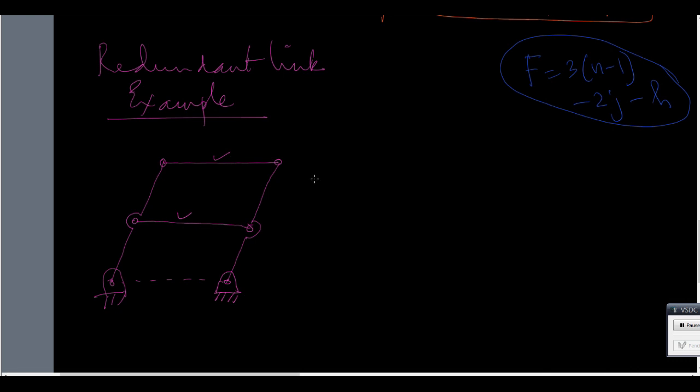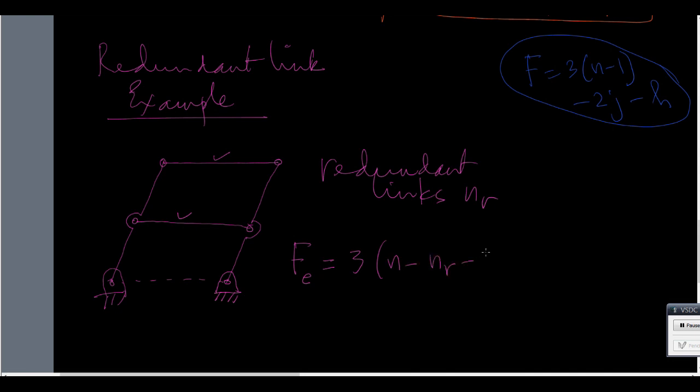So if I have redundant links, NR in number, then F effective is equal to 3 times N minus NR minus 1 minus 2J minus H minus FR.